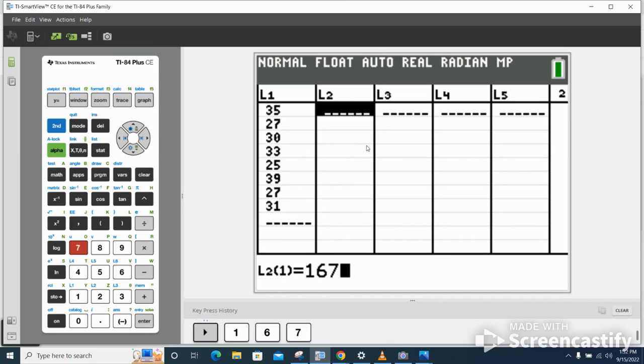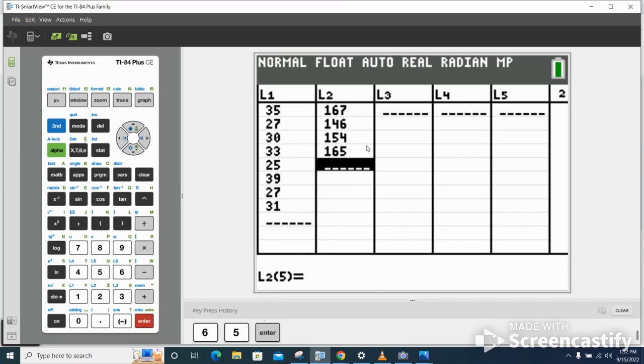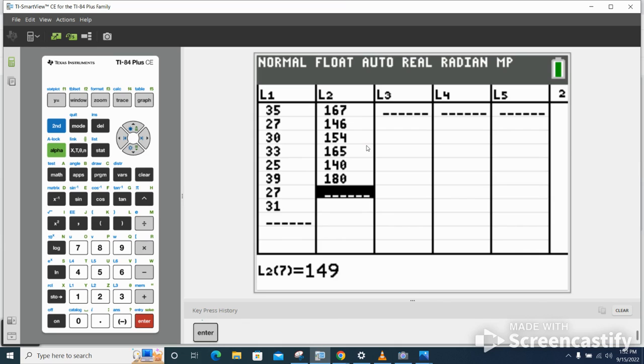Then I have 167, 146, 154. I always mess up when there's big numbers. 165, 140, 180, 149, and 155, I believe.